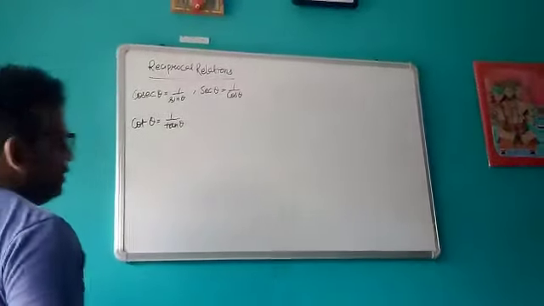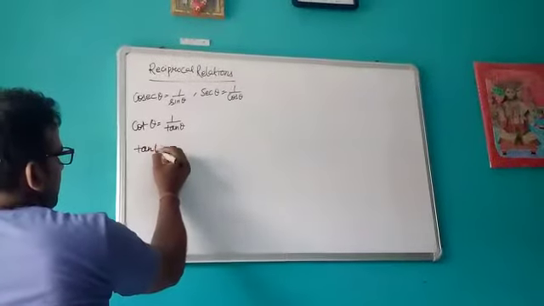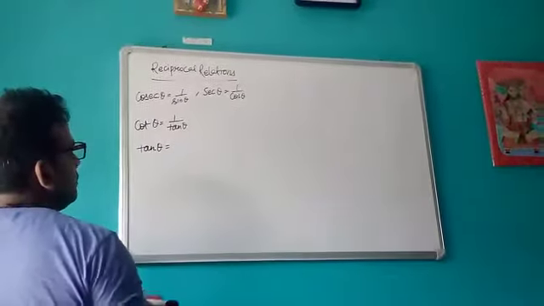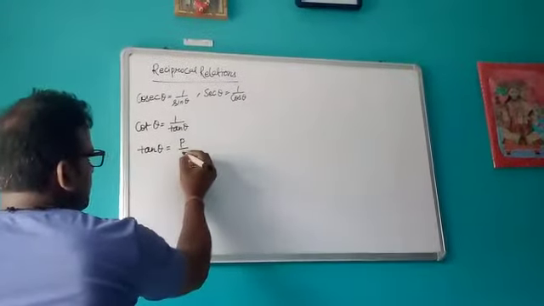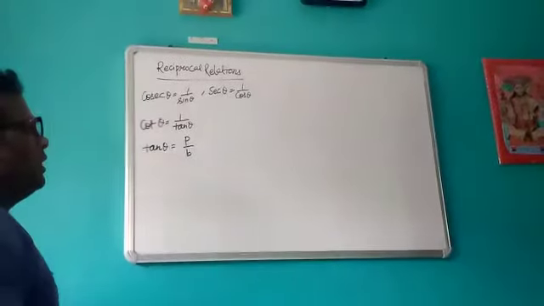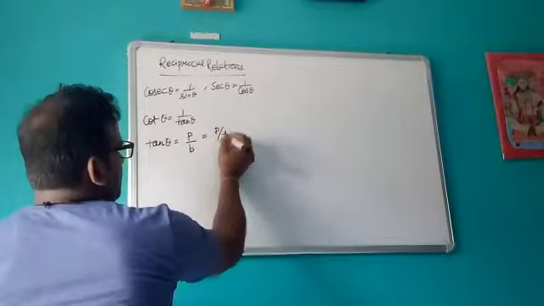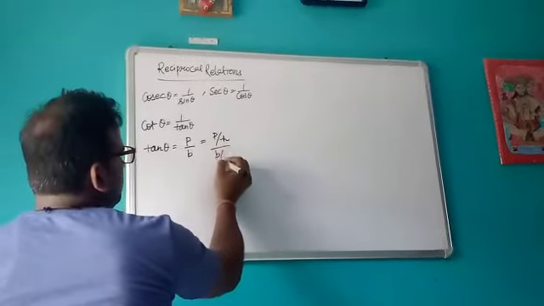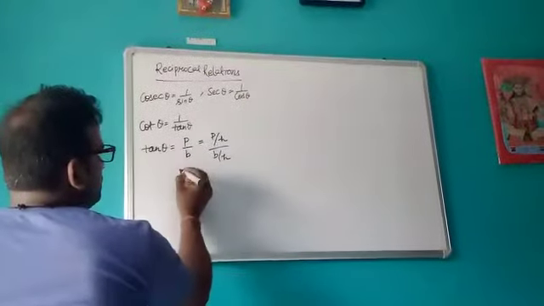Okay, two more relations I am telling you which are again useful. Suppose you wish to calculate tan theta. So what actually is tan theta? If you see carefully, tan theta is P upon B. So if I divide by H in numerator and denominator like this, P upon H upon B upon H. So what was P upon H?